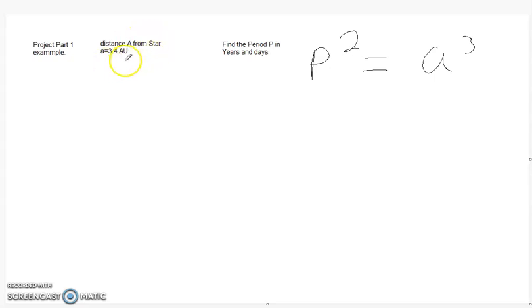Okay, so for right now, all we're doing is we're going to calculate the period of this planet around a star.